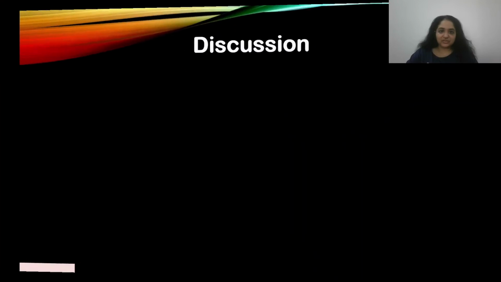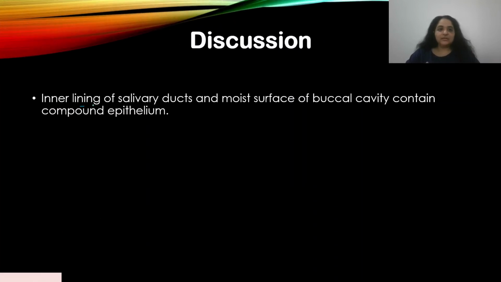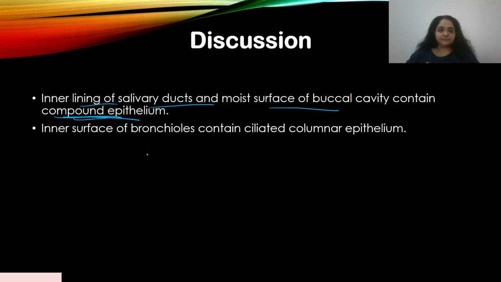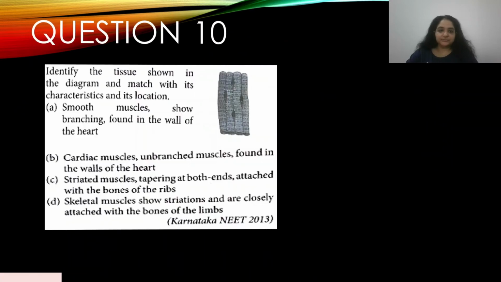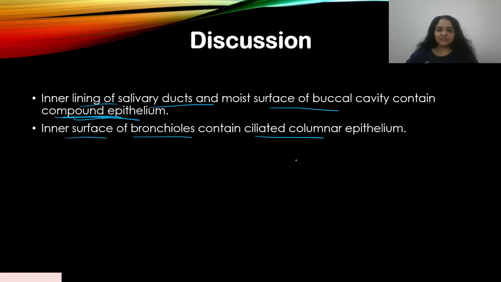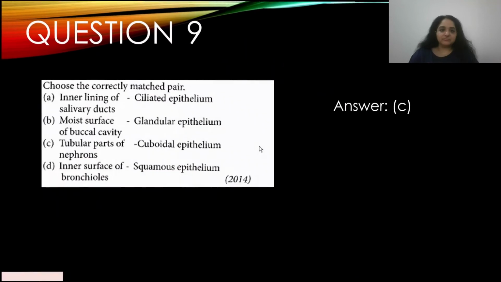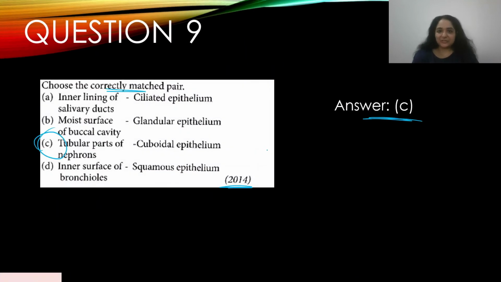Let's go to the discussion. Inner lining of salivary ducts and moist surface of buccal cavity contain compound epithelium. Inner surface of bronchioles contain ciliated columnar epithelium. So that comes back to our correct answer, which is cuboidal epithelium, brush border cuboidal epithelium, which is present in the tubular parts of nephron.